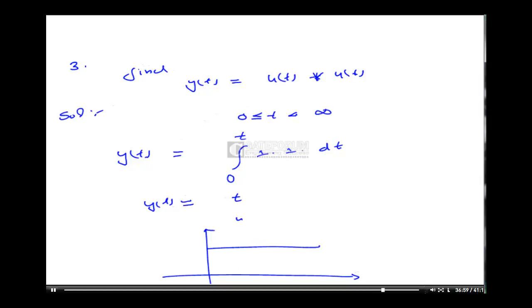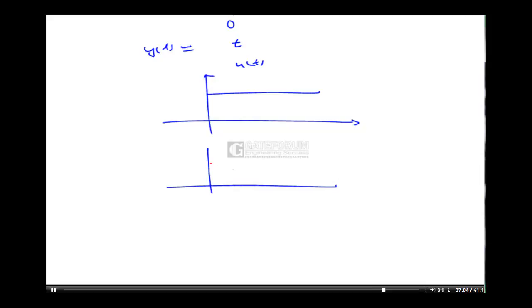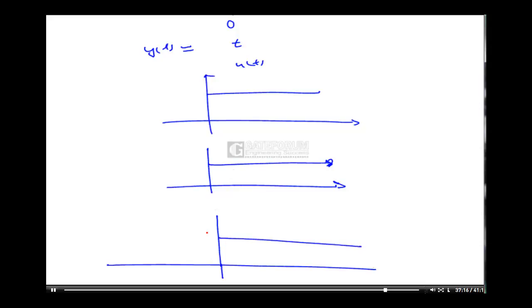See, u of t is this expression. Another u of t is the same way. So I have two u of t here. When I convolve one u of t with another u of t, I will get an expression something like this. Equal to t, this is equal to 0, this is the overlapped region.